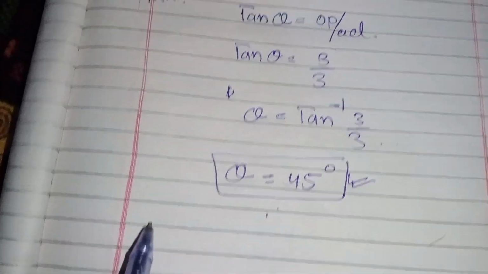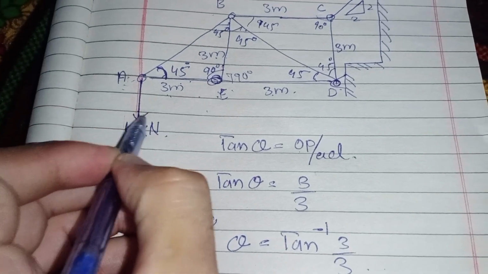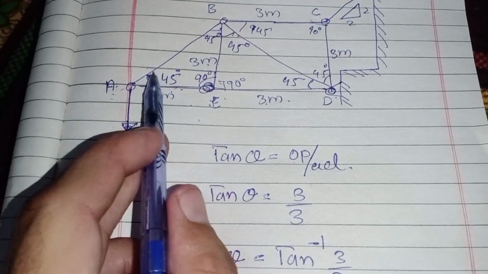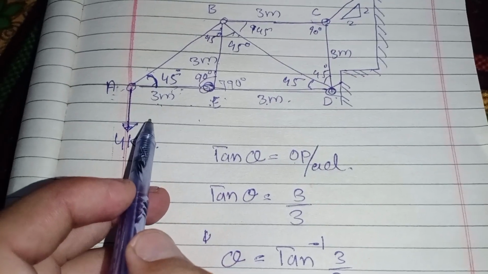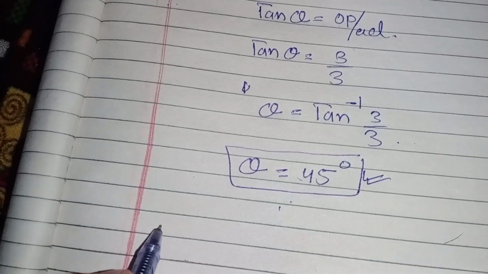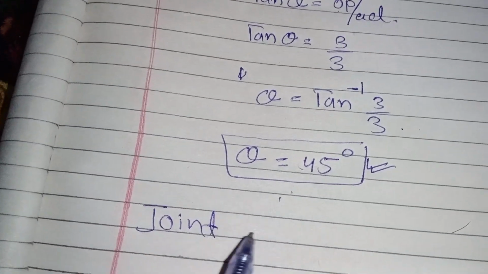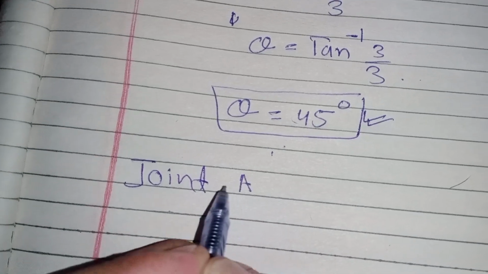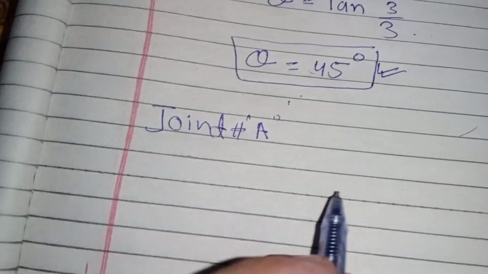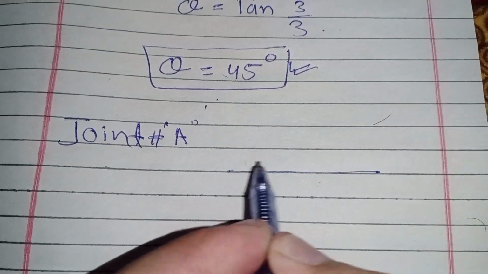First I will take this joint A, because there is at least one known force and maximum two unknown forces. That's why I analyze joint A first. I will draw it in the XY plane.